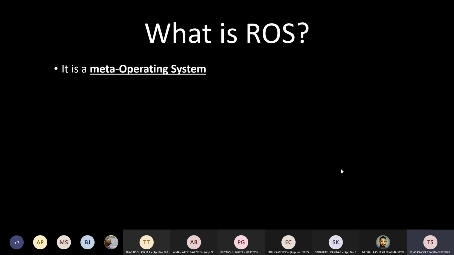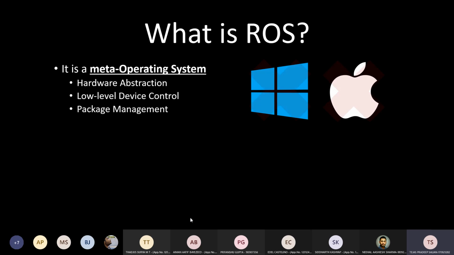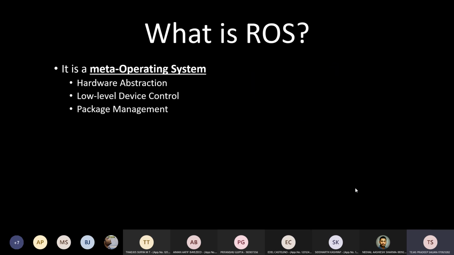The most important feature of ROS is how it functions as a meta operating system. When we think about operating systems, we obviously think of Windows, Mac OS, Linux, etc. This is the thing, as I mentioned, that it is not an actual OS, but it depends upon Ubuntu to run. Hence the word meta operating system.